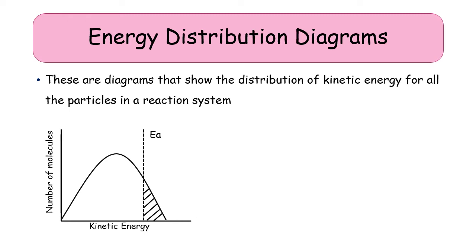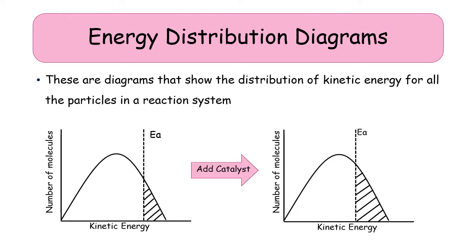So we want that shaded in area of the graph to be as big as possible, because that will mean that we've got lots of reactant particles that can react because they've got enough energy. Now, when we add a catalyst, because it lowers the activation energy, it moves that dashed line to the left.